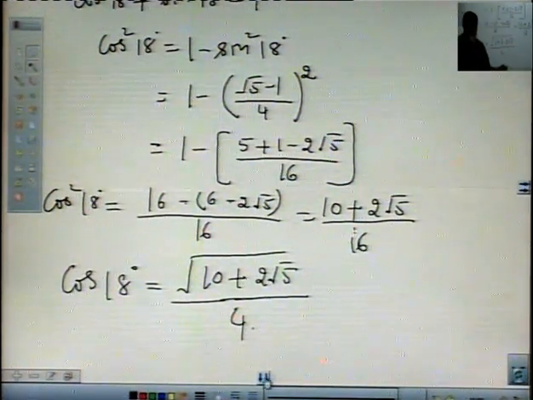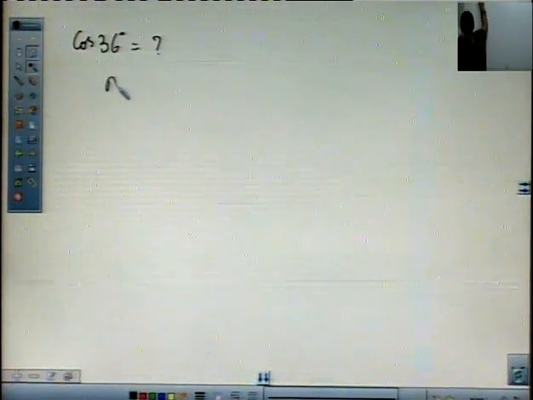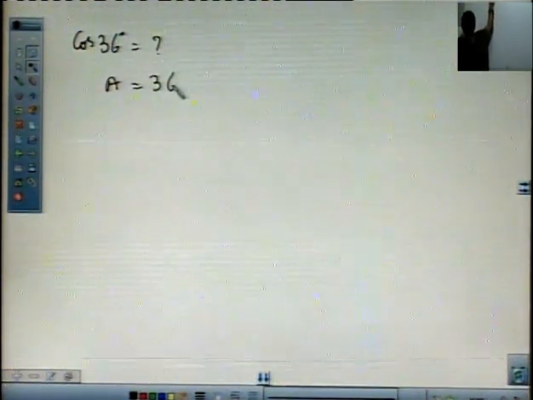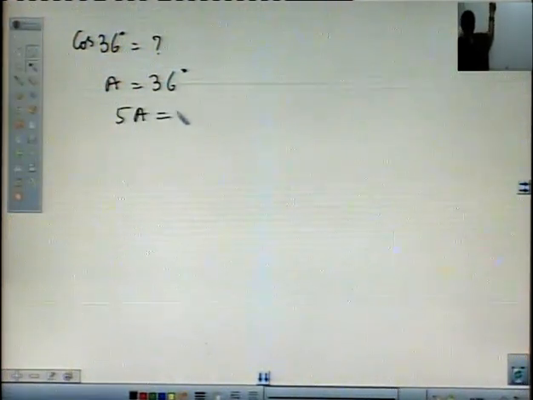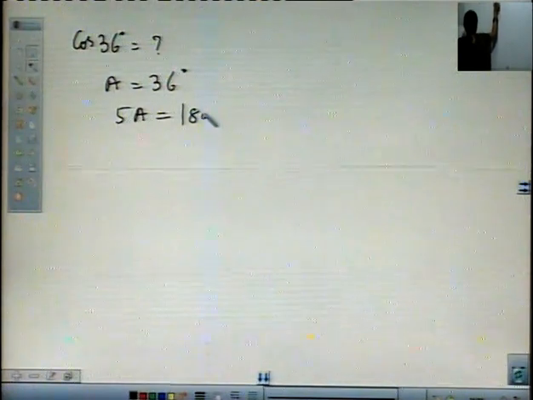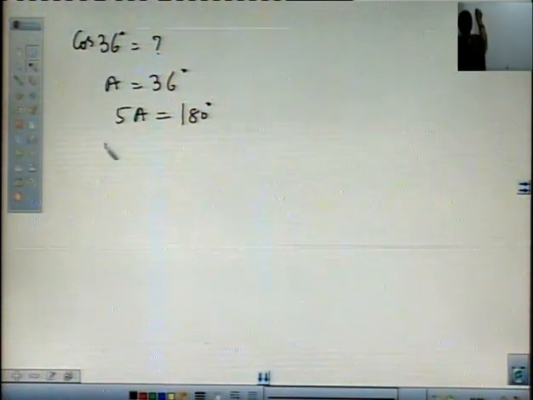Now next, the value of cos 36. Angle A is equal to 36, and multiplying by 5 we get 5A.